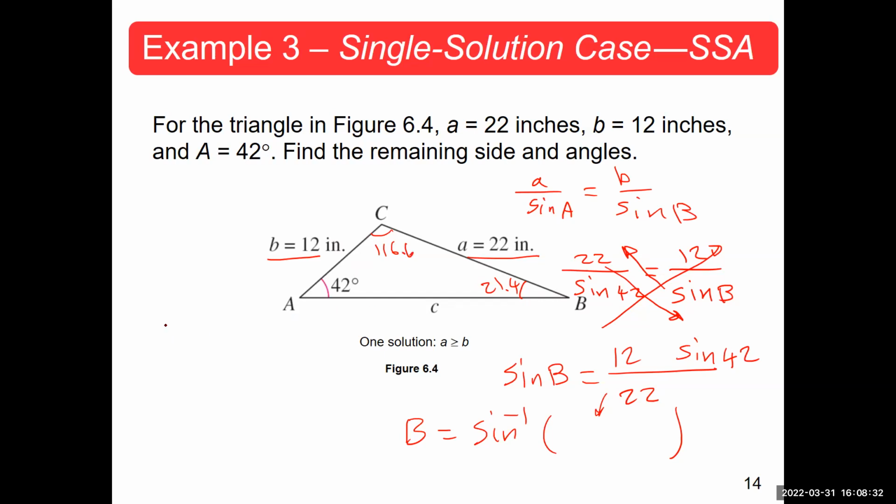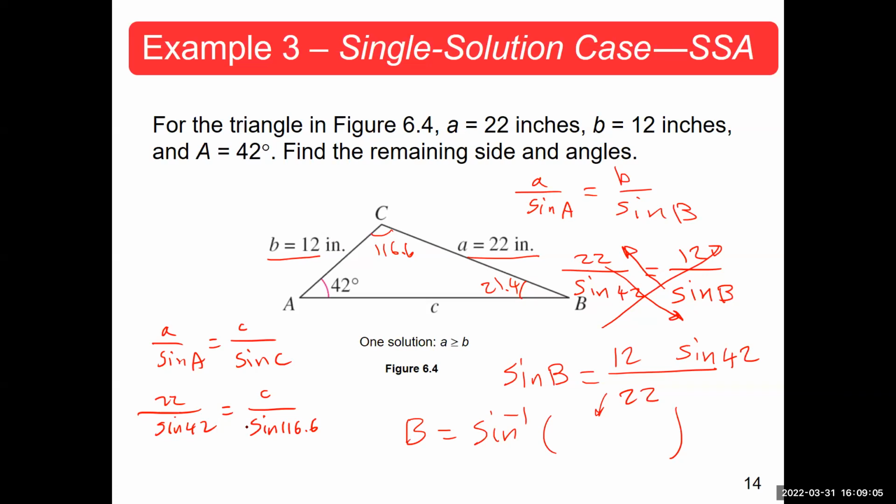I can say A over sine of A equals C over sine of C. Okay, I use this combination. What is A? A is 22 over sine 42. Equals, what is C? I don't know. Divided by sine of 116.6.